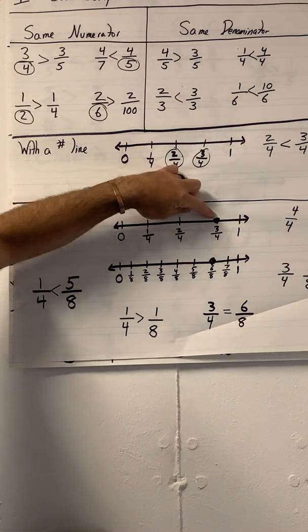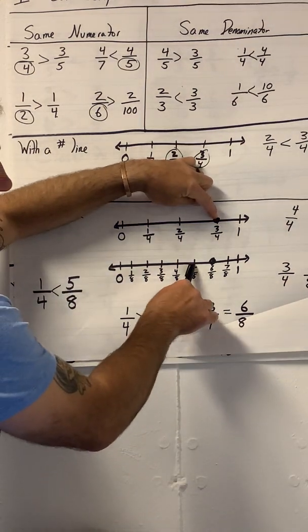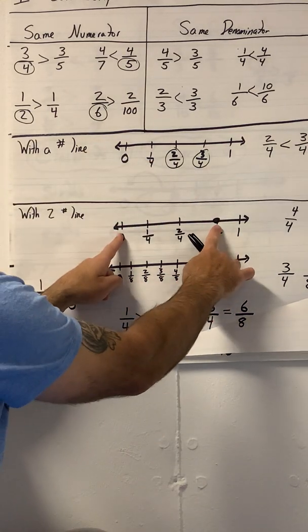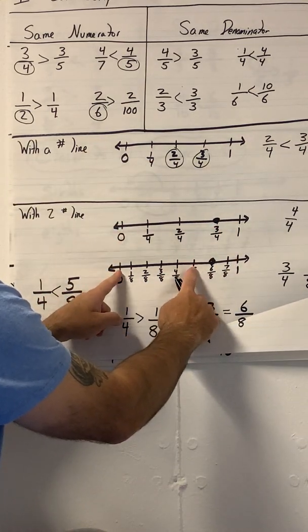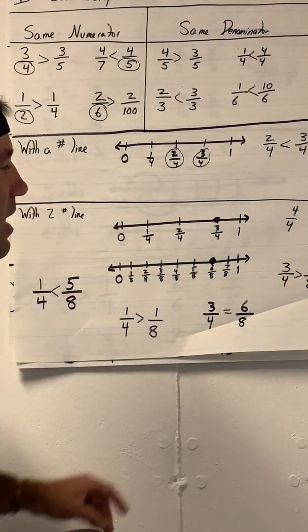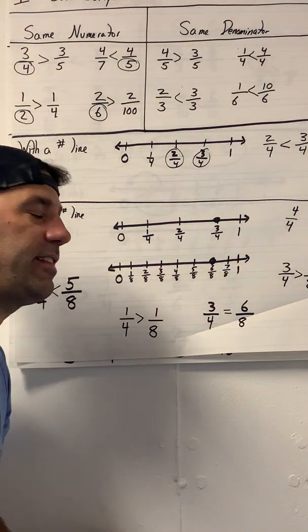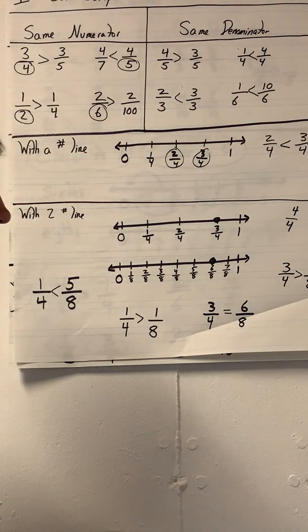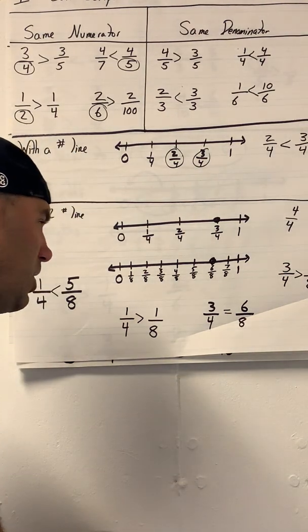I have 3/4 here, 5/8 here. So this is 3/4. This is 5/8. 3/4 is going to be bigger. And check this out. 4/4 or 8/8. Where is 4/4? Where is 8/8? I don't know.